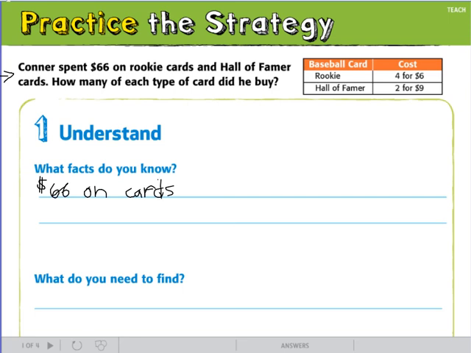Do we know anything else? We know that he bought rookie cards and Hall of Famer cards. Do we know anything else?